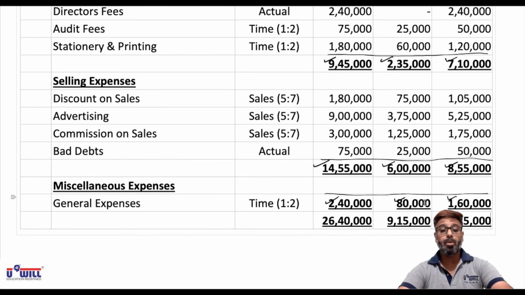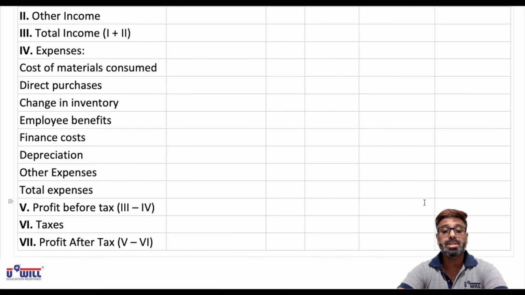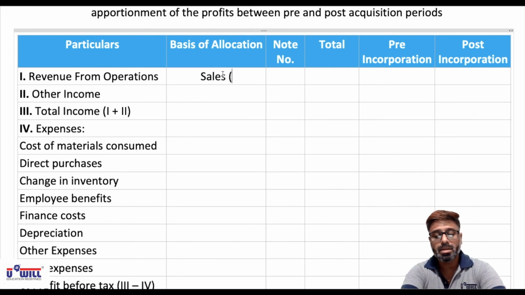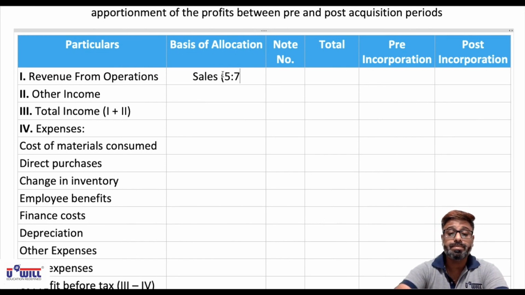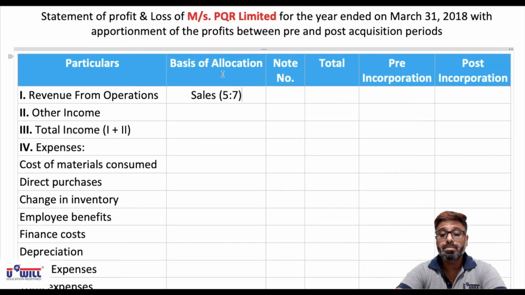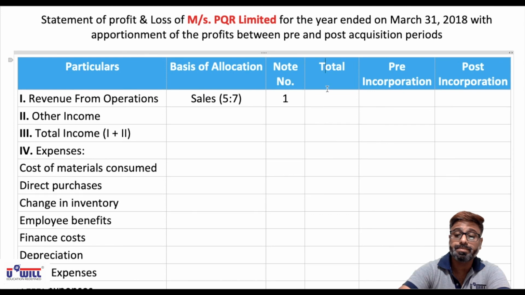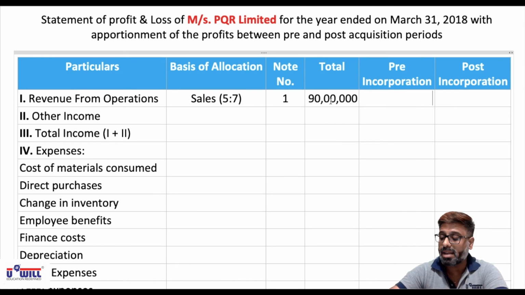Okay. Now we can fill in the blanks in the profit and loss statement. Revenue from operations, basis of allocation, sales ratio 5:7. Note number 1, 90 lakhs. 90 lakhs into 5 by 12 is 37,50,000, and 7 by 12 is 52,50,000.